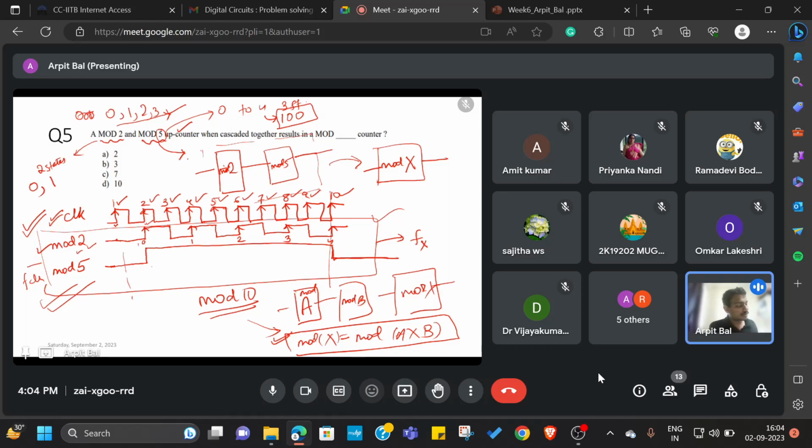The formula that I mentioned is that if you are cascading 2 counters, mod A and mod B, then mod x will be equal to mod A times B. Then, using the timing diagram, I explained how we arrive at that particular result, and the observation we make: if we are feeding f clock, what is the mod of that fx that we arrive at.